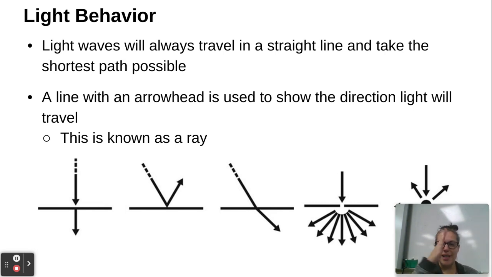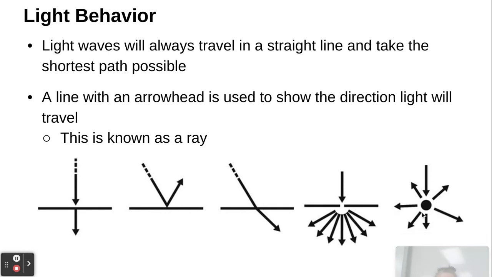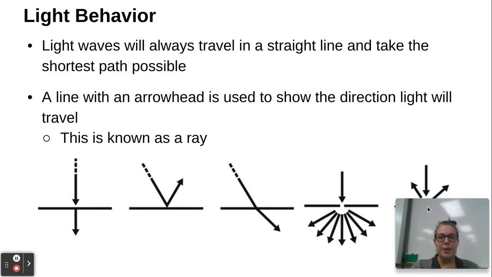Notice there's no zigzags within those rays. They're always traveling in a straight path. Some are changing direction or the angle that they are moving at, but overall they're traveling in a straight path. No zigzags, jagged edges, curves, loops, just straight lines.